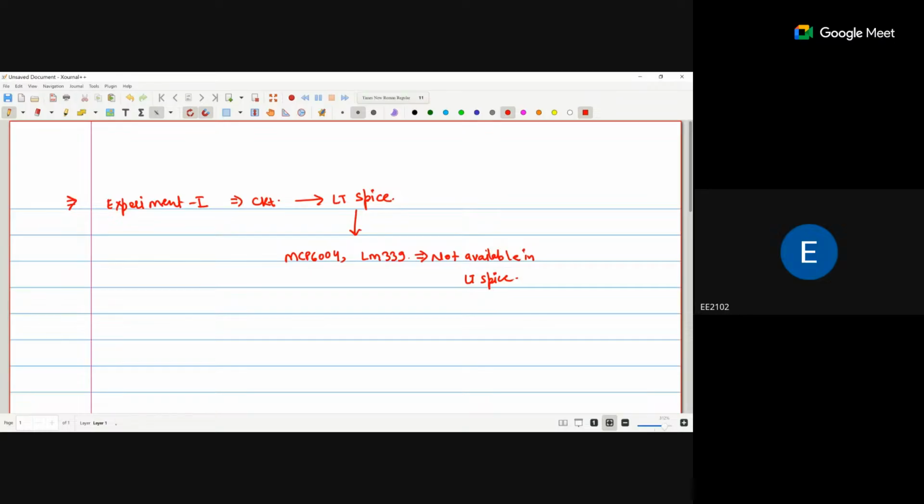In that part, you require two things. One is the symbol, and one is their spice model.